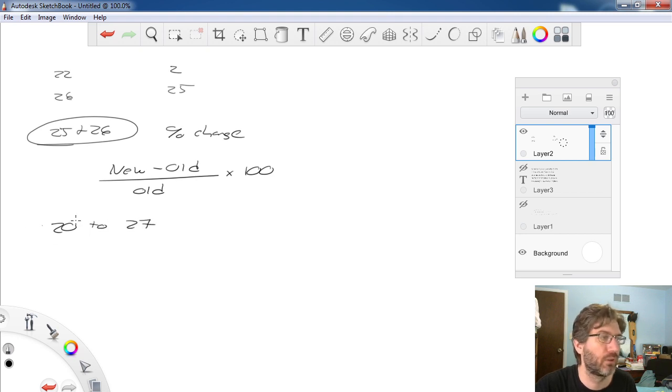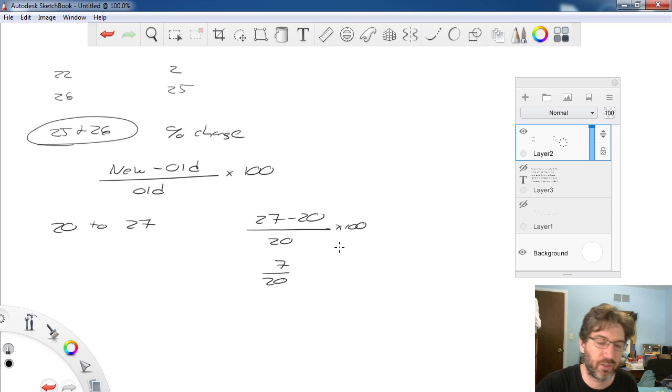27. It does not matter if this is an increase or decrease. I just told you that because it made more sense to write it that way at the time. But I am going from 20 to 27, so my new number is 27, my old number is 20, and I divide by 20, and I multiply by 100. 27 minus 20 gives me 7 over 20. 7 divided by 20 gives you 0.35, then you multiply that by 100.